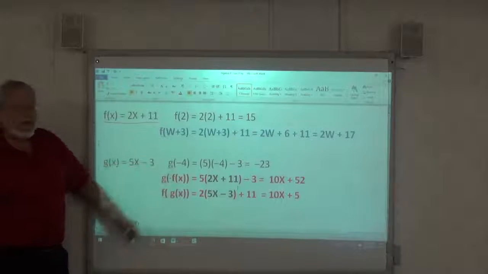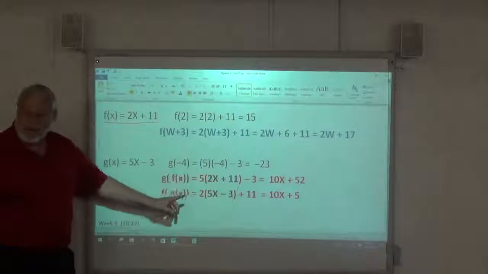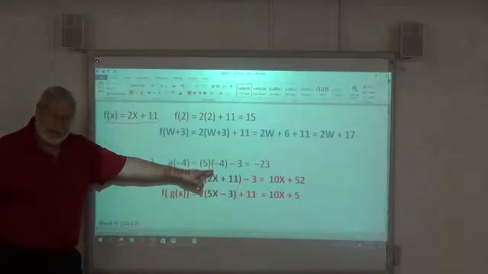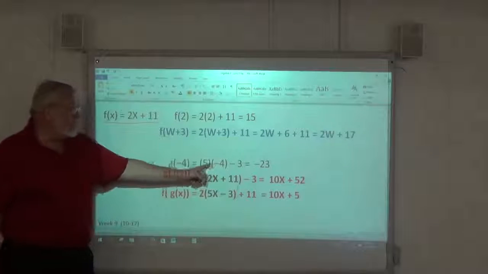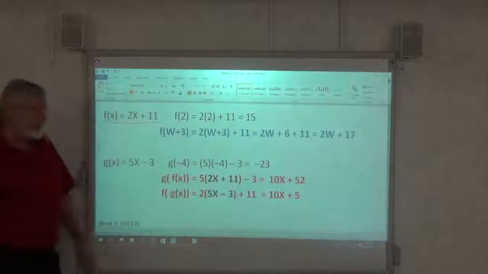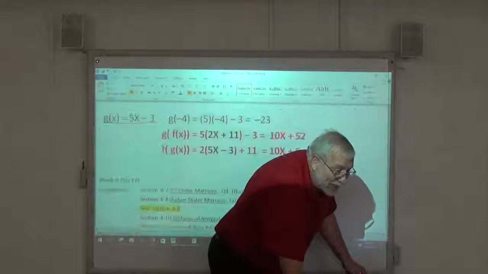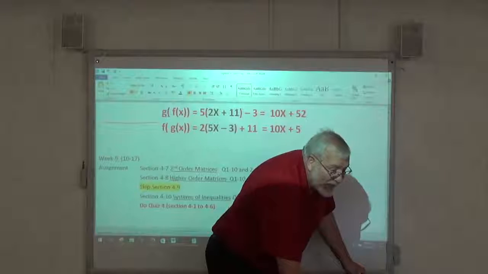So what will g of negative 4 be? Replacing the x with a negative 4. So 5 times negative 4 is negative 20. Negative 20 subtract 3. Negative 23. Okay, no big deal. All right, now, the next 2 are important.